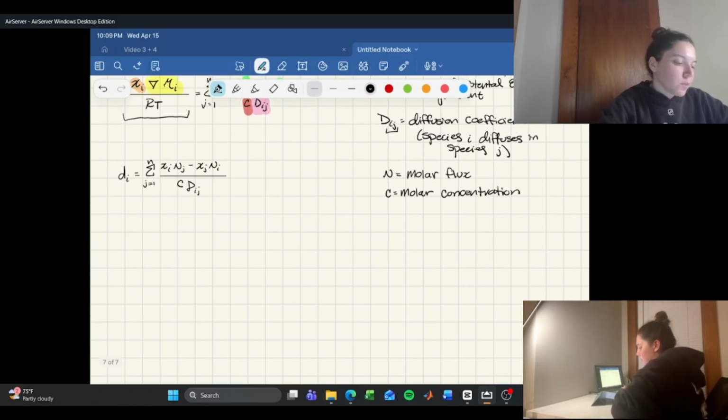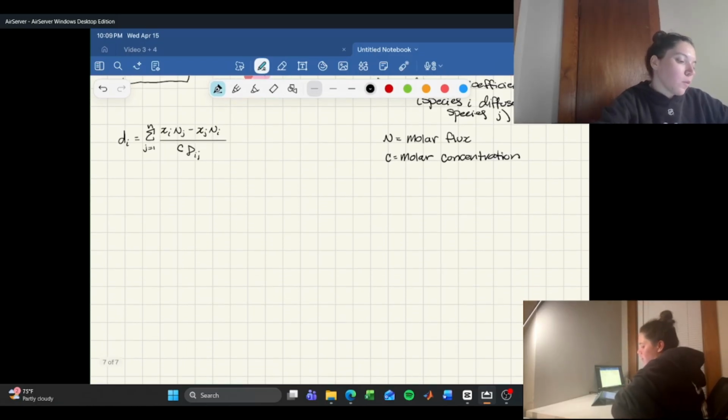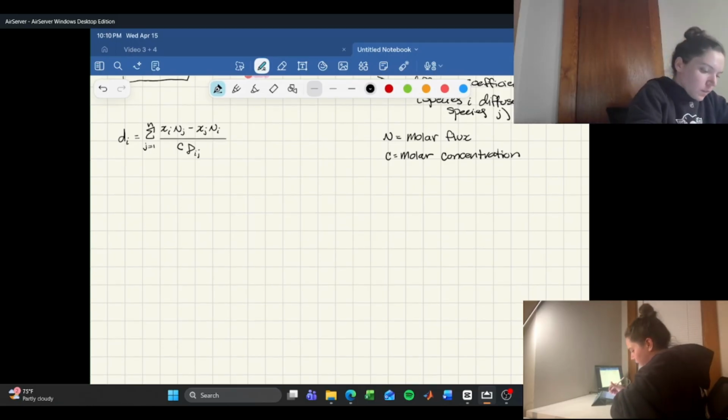So now that we have this simplified version, I'm also going to write out the other Maxwell equation that relates the components by their velocities.